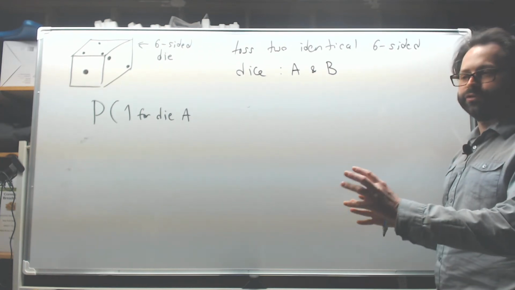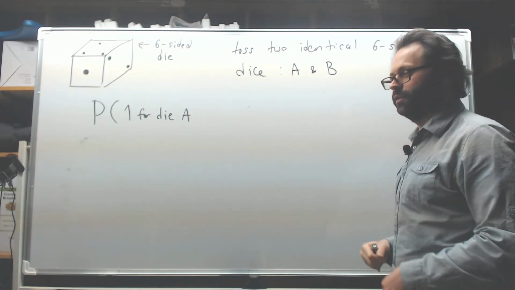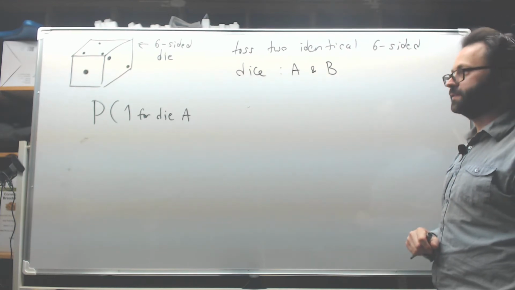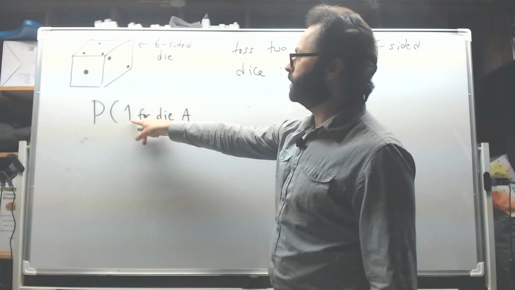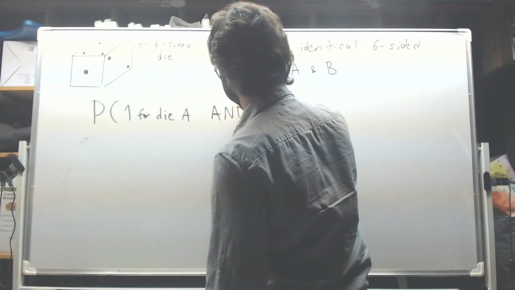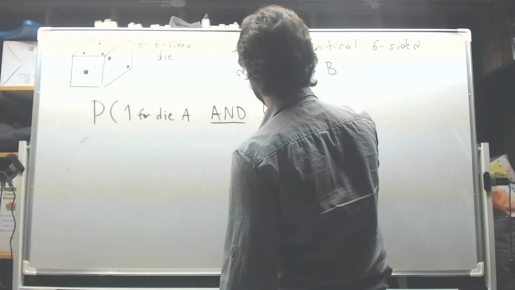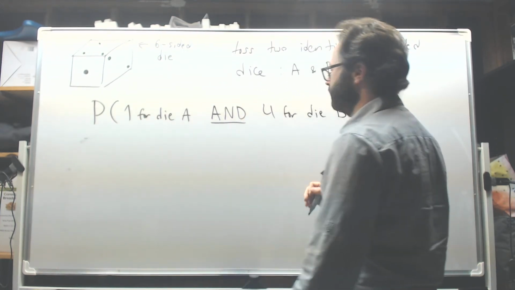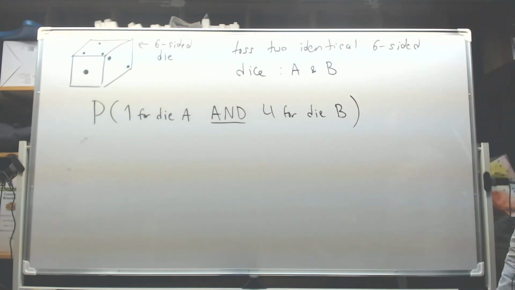I don't mean to confuse you, but this is not the outcome general A that we used before. These are just the labels that we're going to put on the dice. So we obtain the face 1 for die A and the face 4 for die B. What is the probability that both of these events take place?